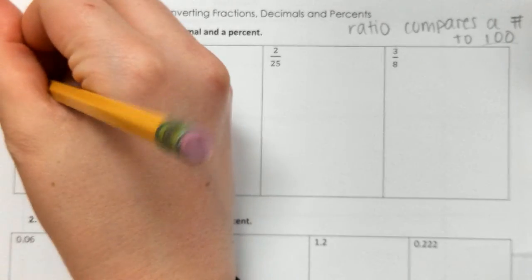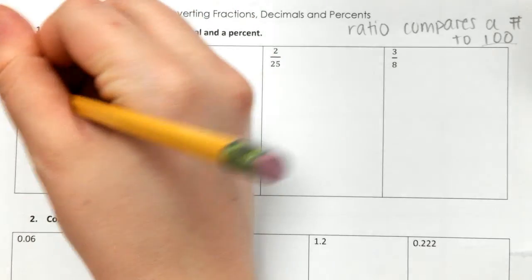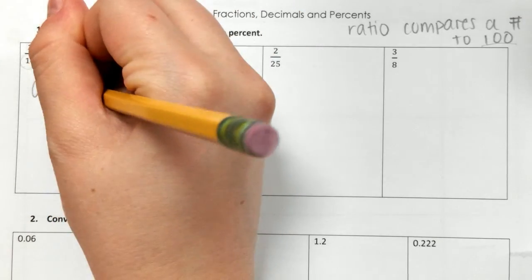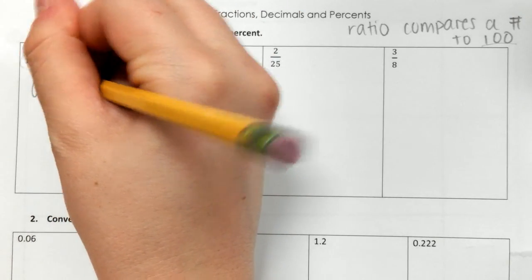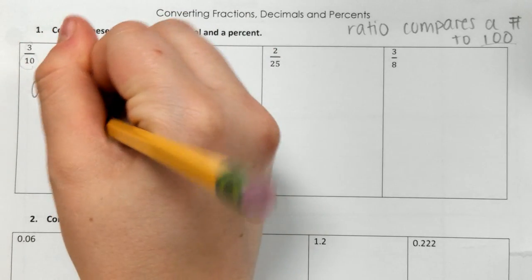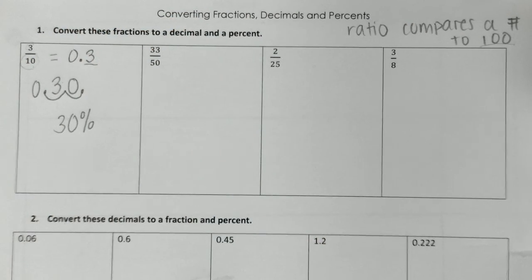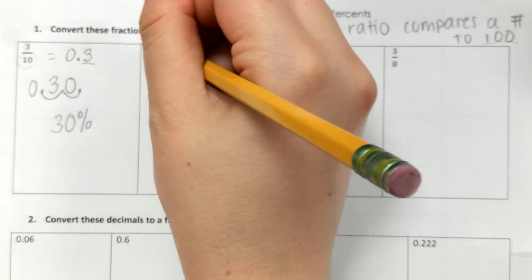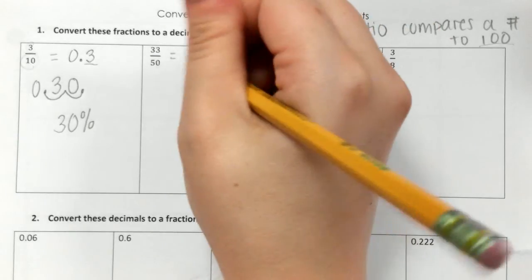But all that does is move the decimal 2 places to the right. 1, 2. And since there's nothing there, we add a 0. So it's 30%.